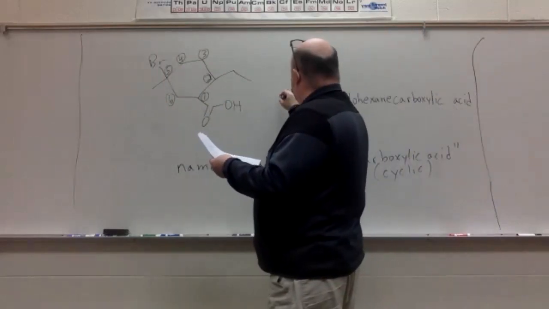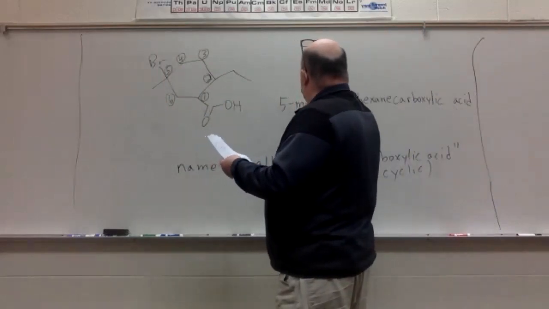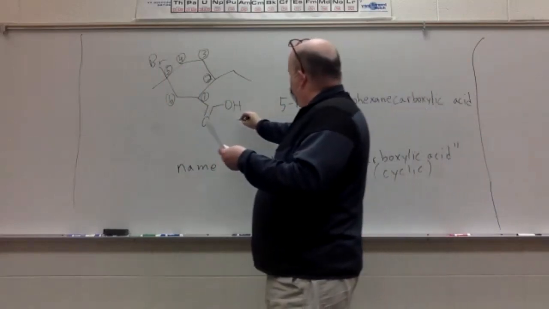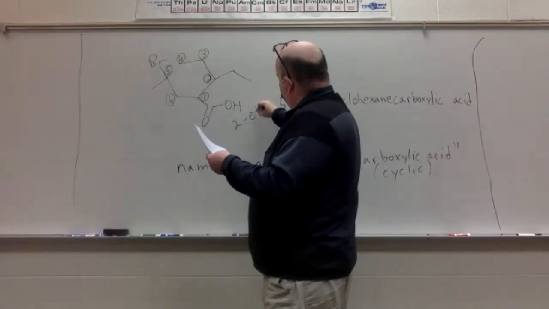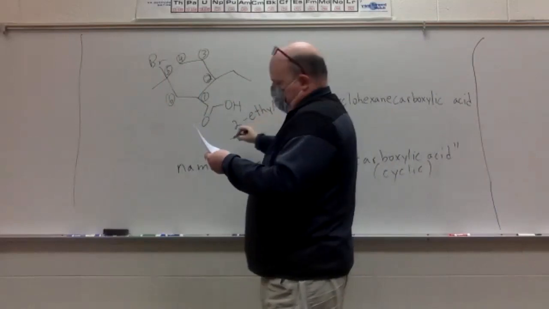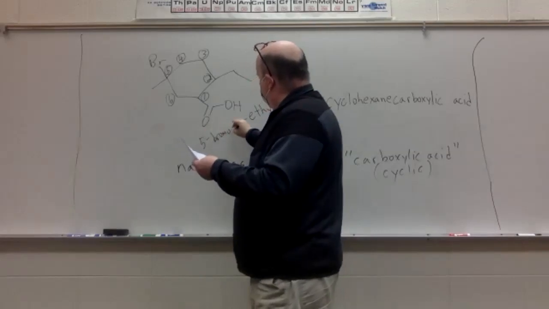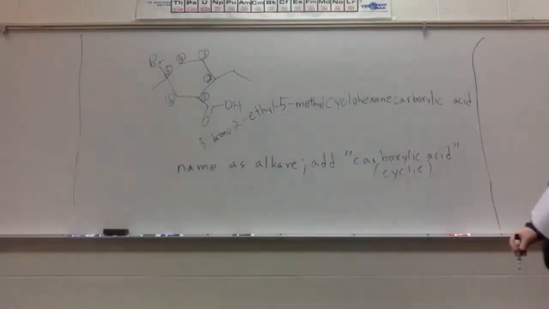My name's going to look kind of wonky because I'm running out of board space, so you can read at a slant. That one is 5-bromo-2-ethyl-5-methylcyclohexane carboxylic acid. Whew, that's a mouthful.